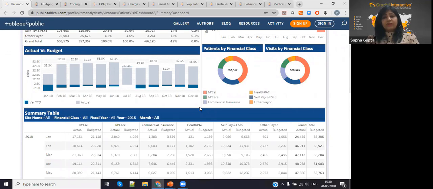So this dashboard also helps in monitoring actual performance against the predefined goals for visits categorized by financial class, site, and providers. So you can also plan and optimize budgeted visits for the upcoming tenure.